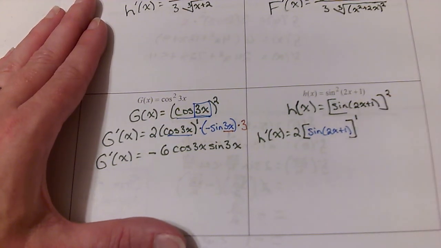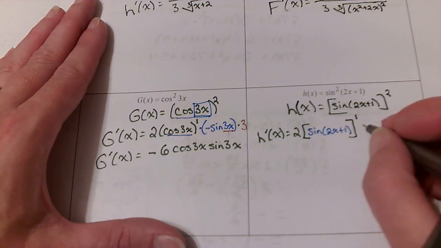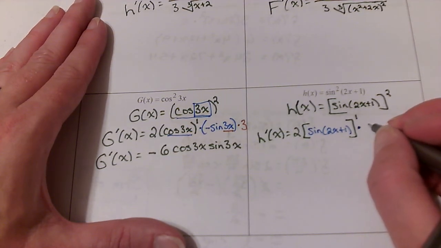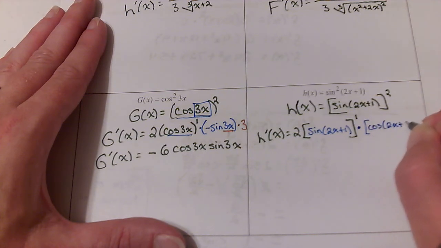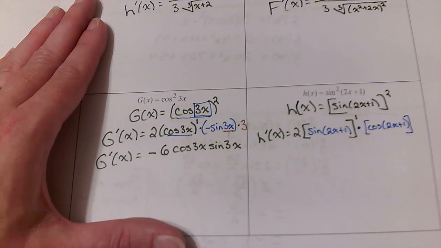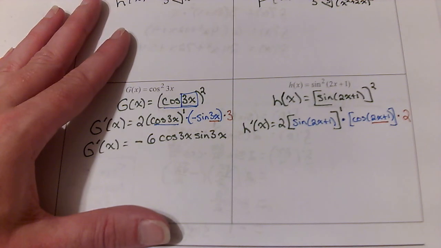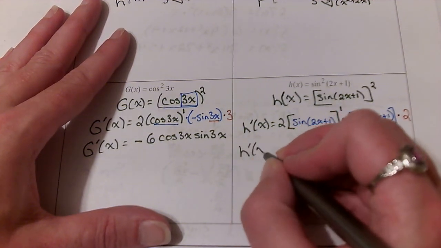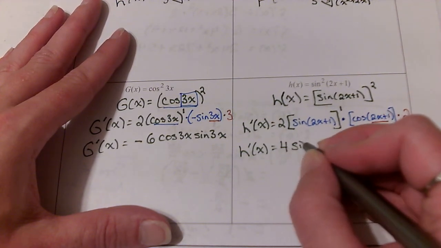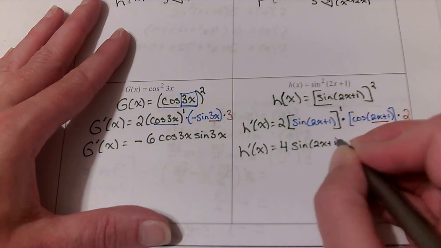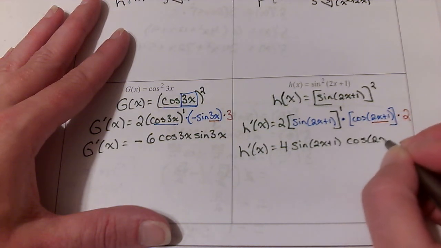To the 1 power times the derivative of the inside, which is going to be cosine of 2x + 1, times the derivative of the inside of that. 2 times 2 is going to give me a 4, and then we're going to have sine of 2x + 1 and cosine of 2x + 1.